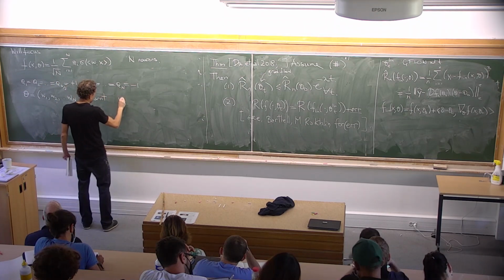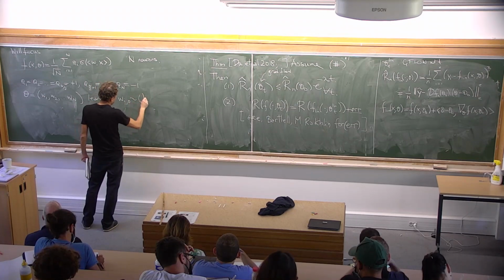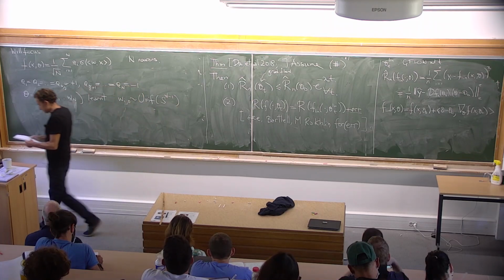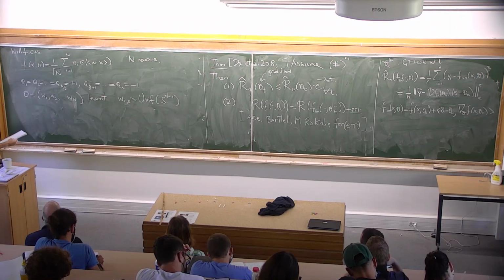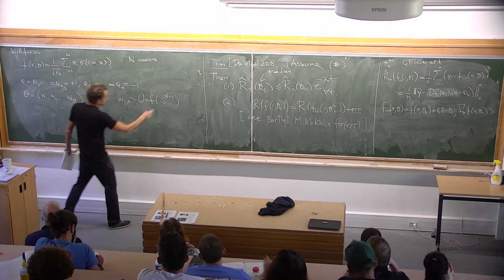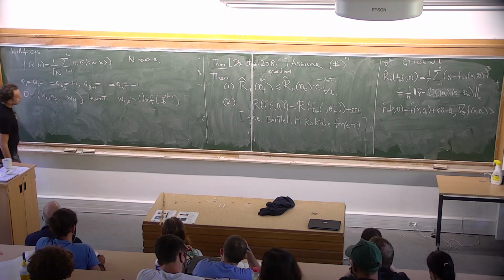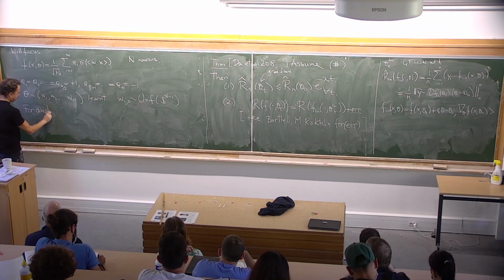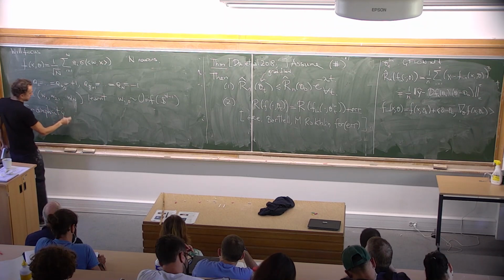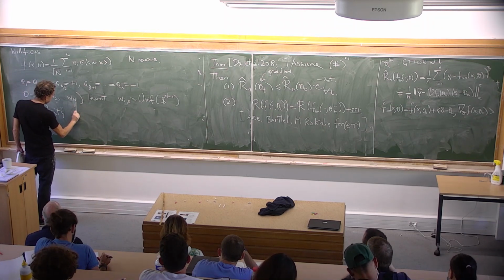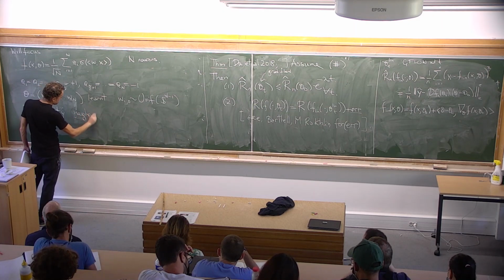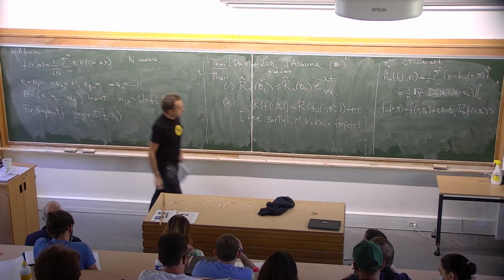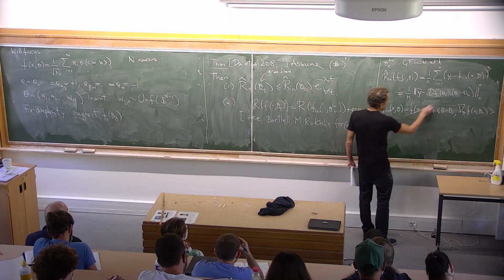My initialization will be that W_i0 will be uniform on the unit sphere in the dimension. And for simplicity, I will always neglect f of theta 0. That is, in this expression, I will drop this term.